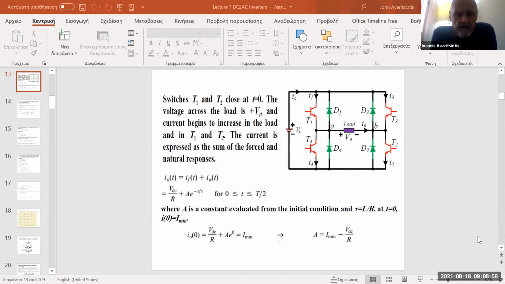From these initial conditions, and knowing how to calculate the time constant tau, and assuming that we have a minimum current at t equals 0, at the beginning of the switching, we can calculate the value of the constant capital A very easily, as it is shown at the bottom of the slide.